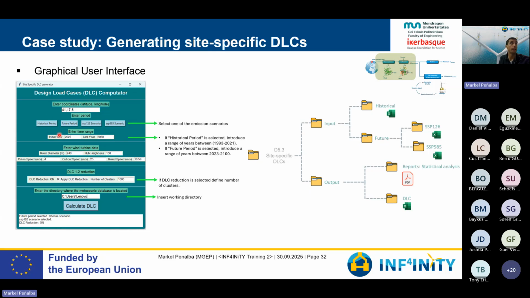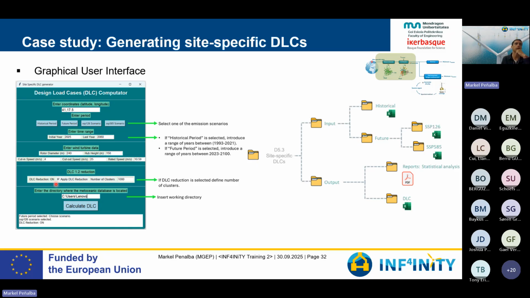You can select either historical or future periods, and in the future periods, the climate change scenario, excuse me, you want to analyze, the exact range of the period you want to analyze and the characteristics of the turbine. This is slightly different in the latest version because we introduced the turbine characteristics in an Excel file that I will show you right now.